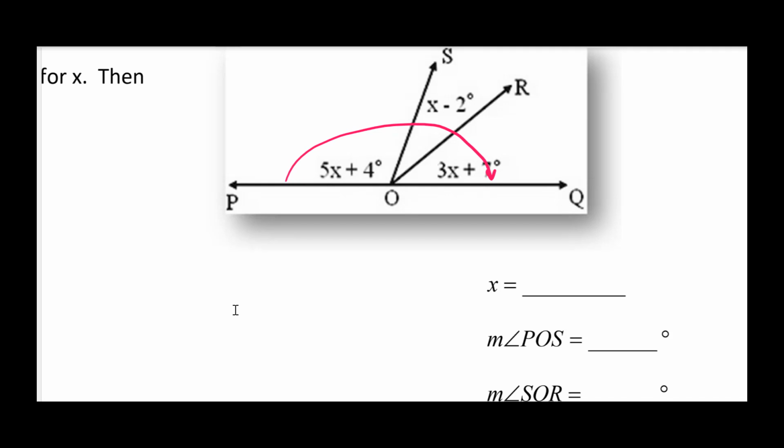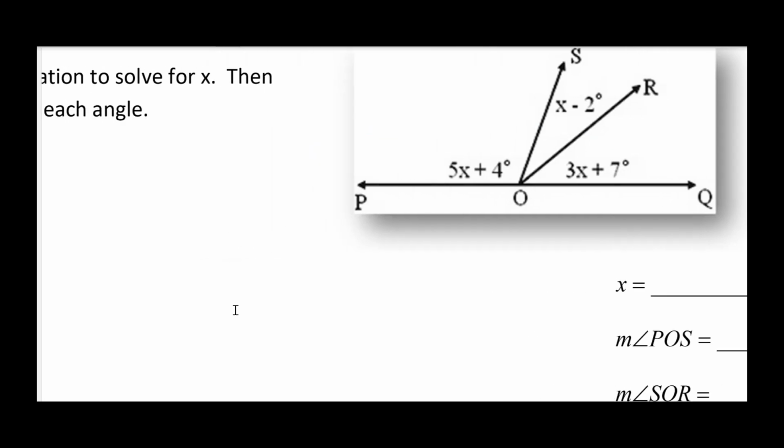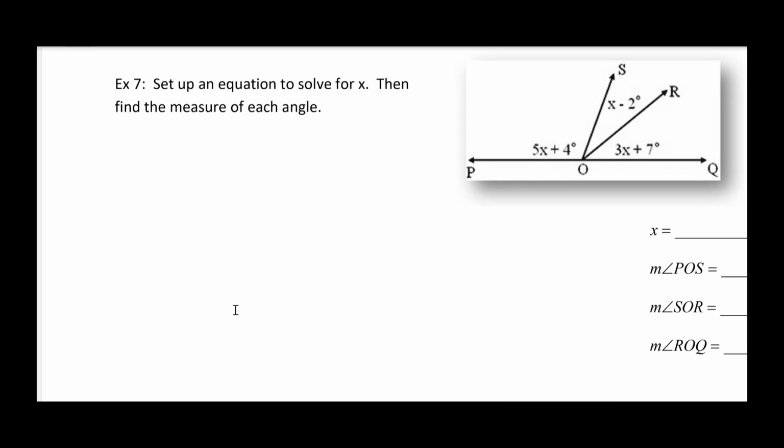So just like I would for any other equation, we're going to write that very neatly and very organized. The first angle is angle POS, or SOP, however you want to look at that. Generally speaking, we're going to have one angle plus another angle plus the other angle. We know all three of them are going to add up to 180.